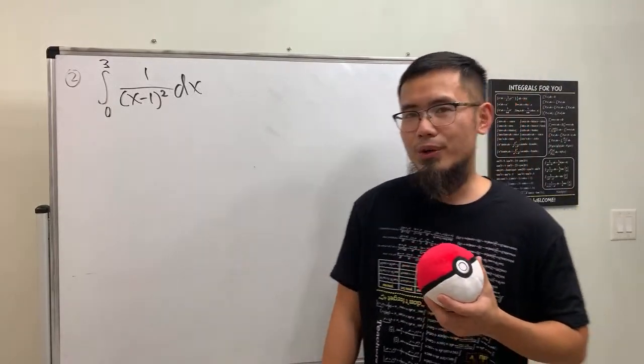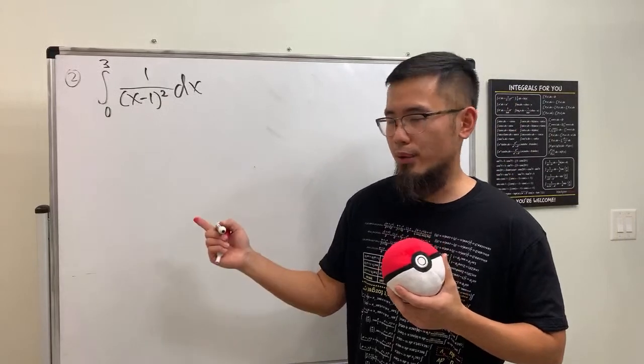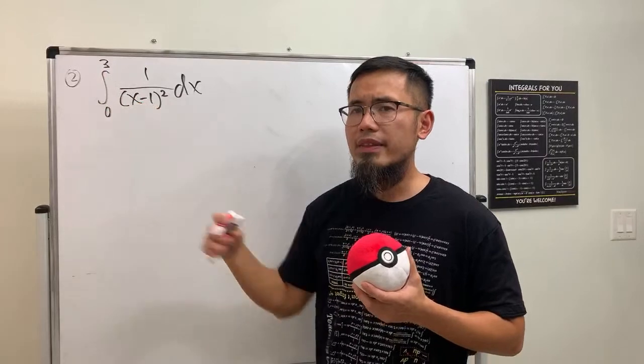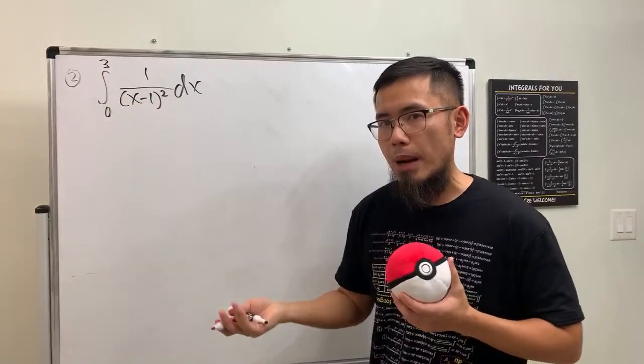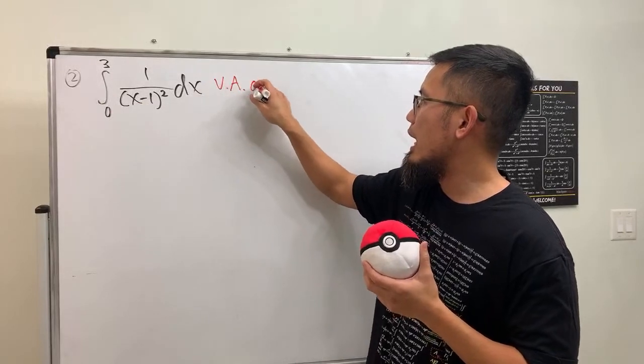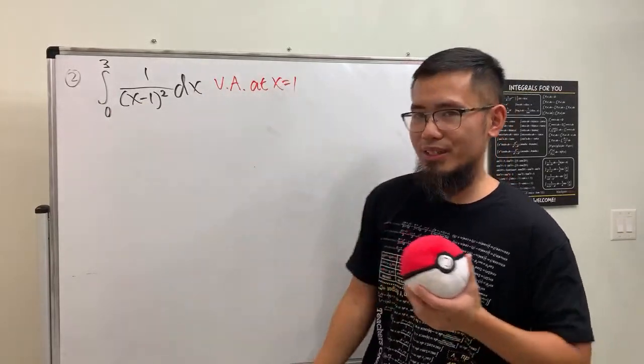Diverge, diverge, cool. Notice the following. When we integrate from 0 to 3, and this is x minus 1, right? That means this right here is an improper integral because we have a vertical asymptote at x equals 1, right?